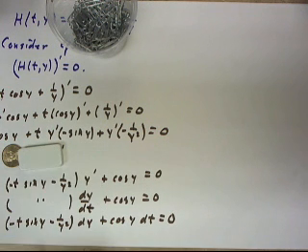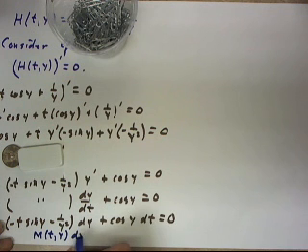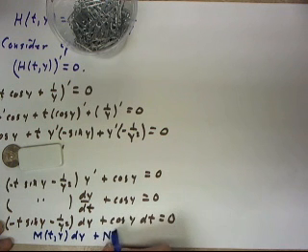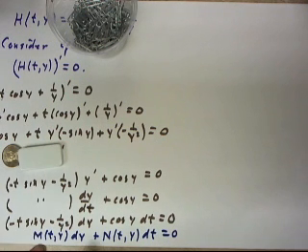This equation is of the form M of t,y dy plus N of t,y dt equals 0.